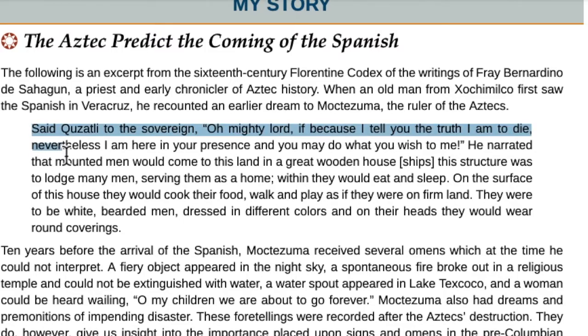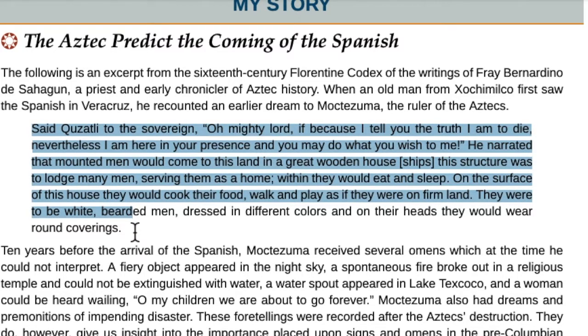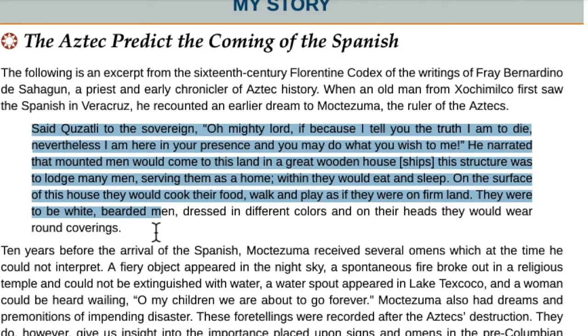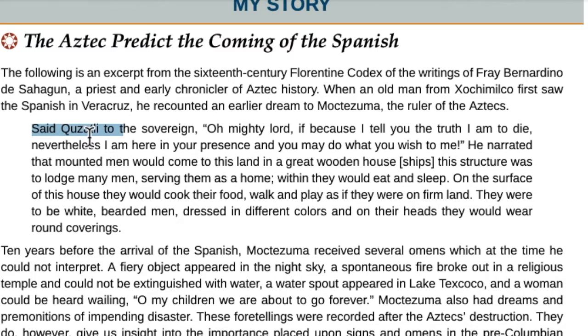So this statement is something that is produced by a Spaniard, specifically a priest. This is not necessarily the words of Quetzalcoatl to the sovereign. It's what this guy, Fray Bernardino de Sahagun, says Quetzalcoatl said to the sovereign.